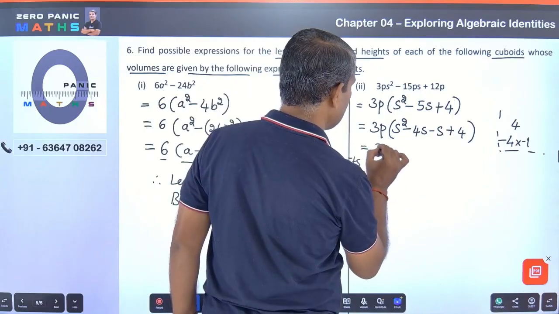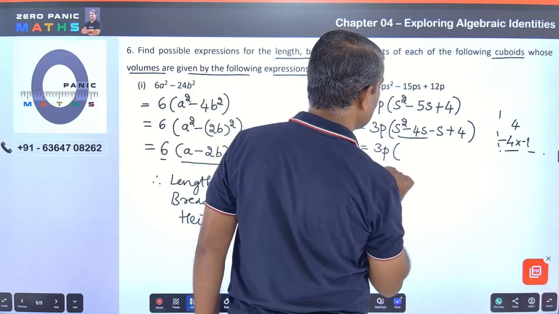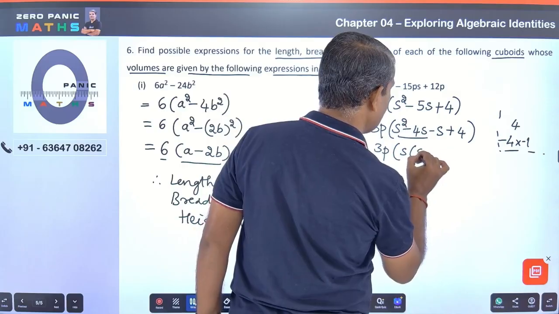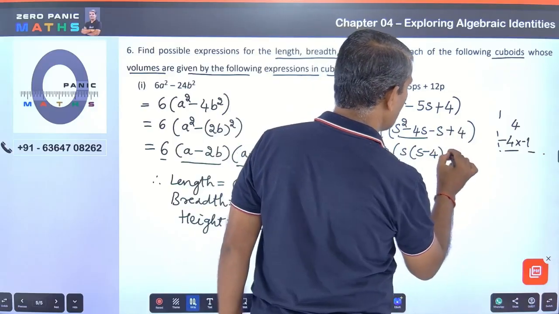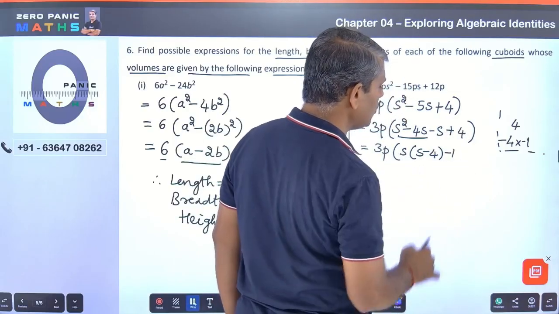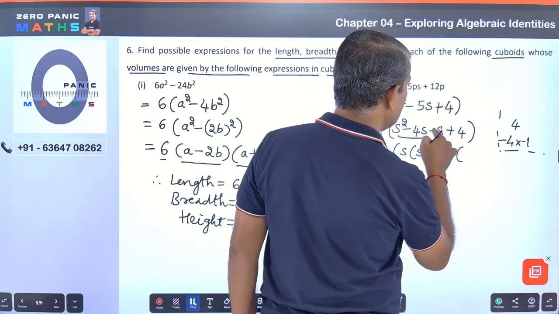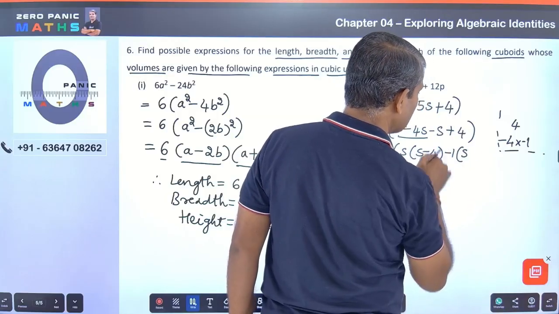Let us keep 3p as it is and write the common thing out of this. What is common? s is common, so what remains inside is s minus 4. Here s plus 4 is already there. If you take minus 1 common out of this, what remains is s, since minus 1 into s is minus s.